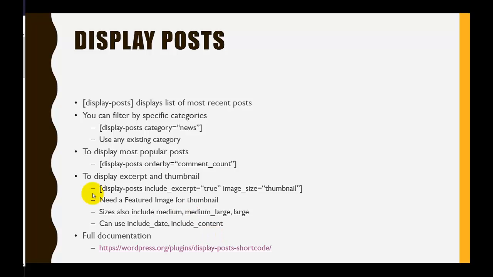Include underscore content will display all the content. And there's more documentation if you want to see more attributes that you can add within that shortcode. Go to this URL right here, wordpress.org/plugins/display-posts-shortcode. Let's go look at these in the context of an actual WordPress page.